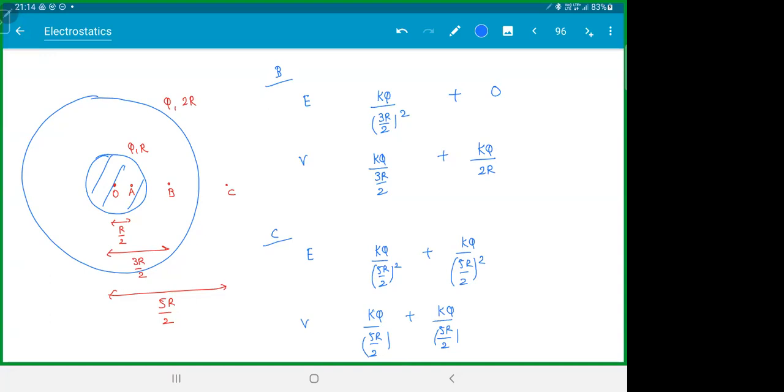Check your answers. If you got this, I think your formulas are decent. Any doubts on this?